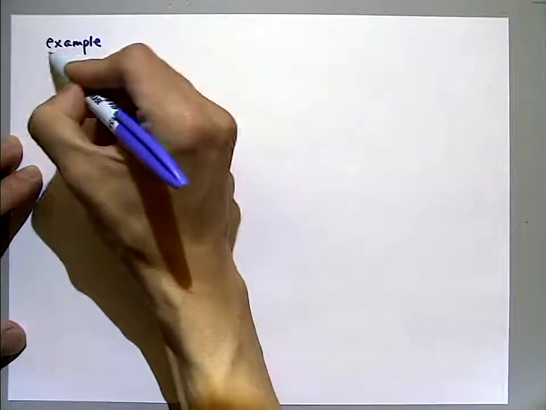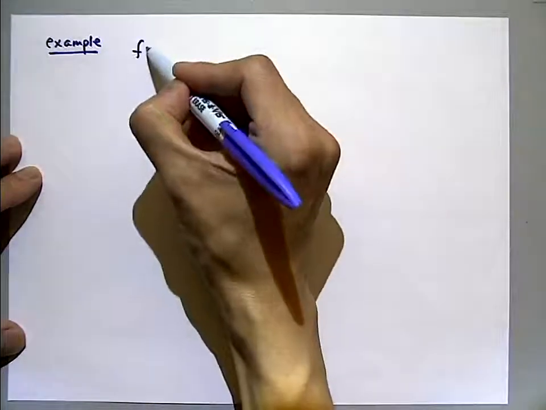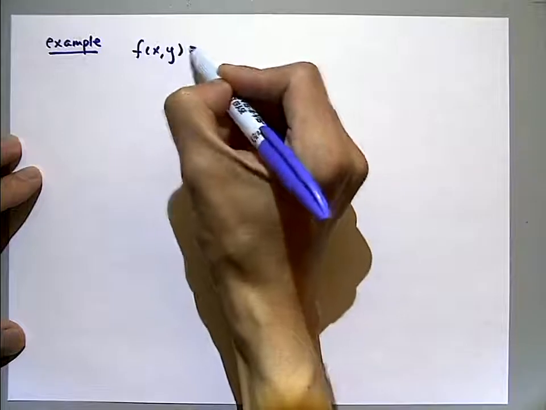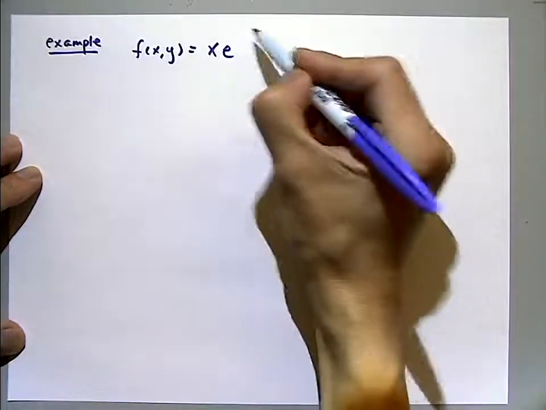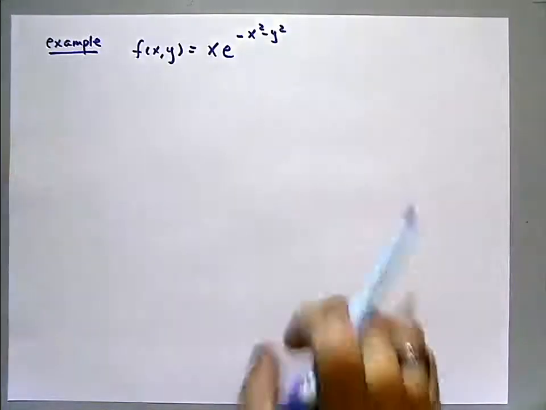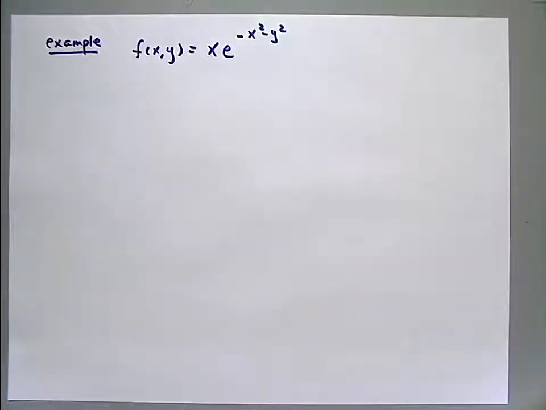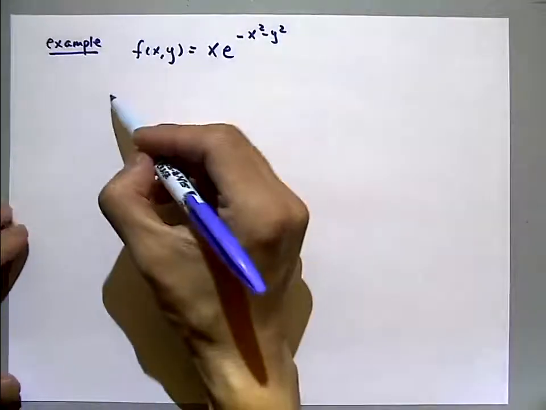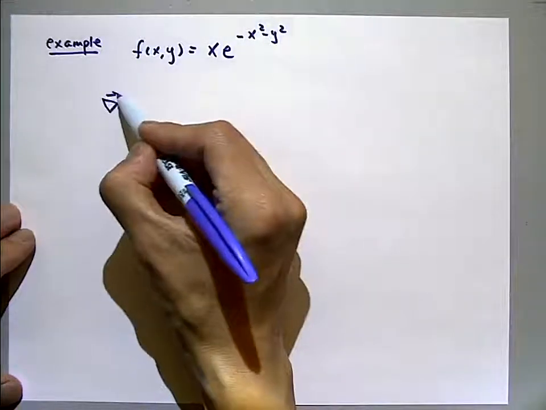Now, this one will be much harder to sketch. x times e to the minus x squared minus y squared. And let's check out what the gradient is.